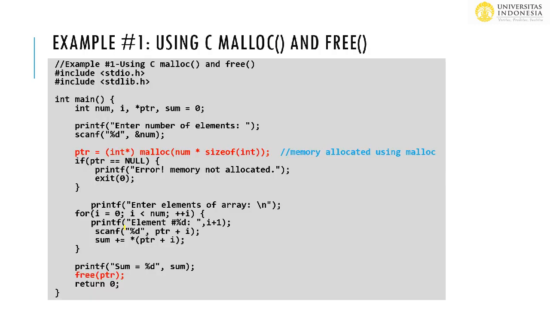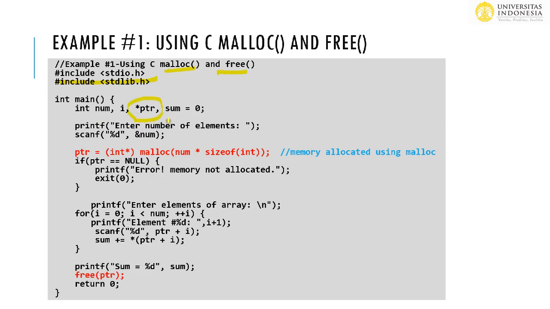All right, the first example shows how to use malloc and free after all of the pointers are used. In this program, you must include stdlib.h, because malloc and free are dynamic memory allocation functions, and that library has them.